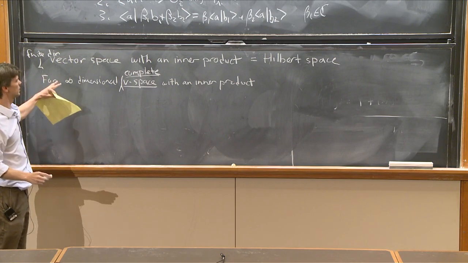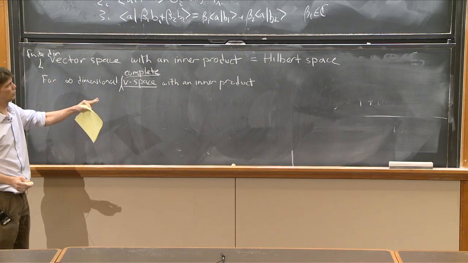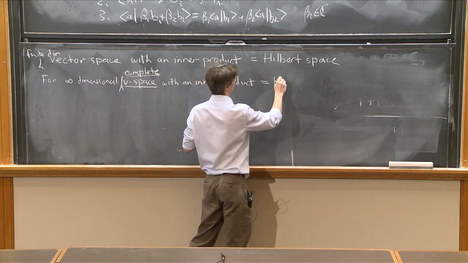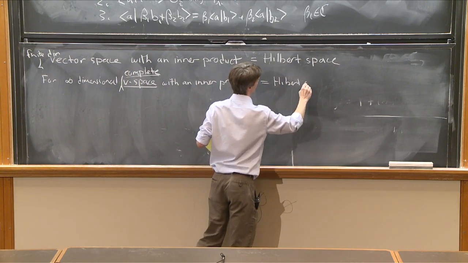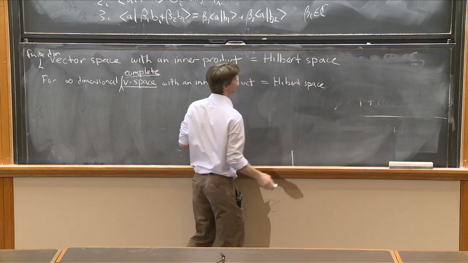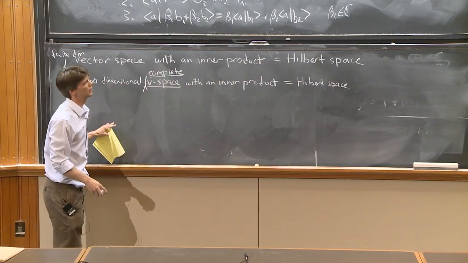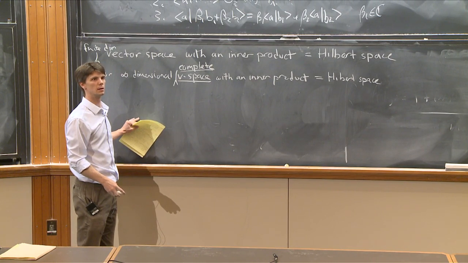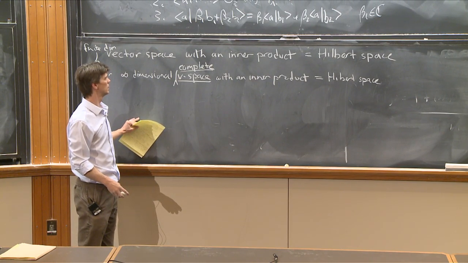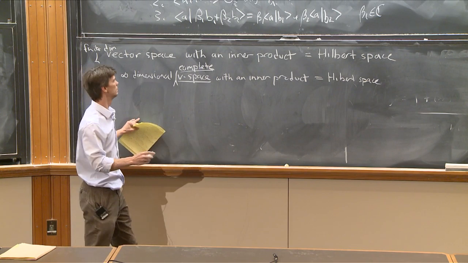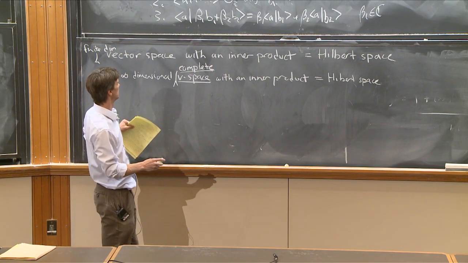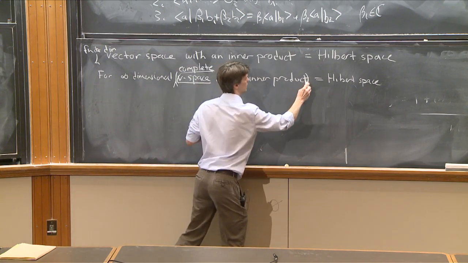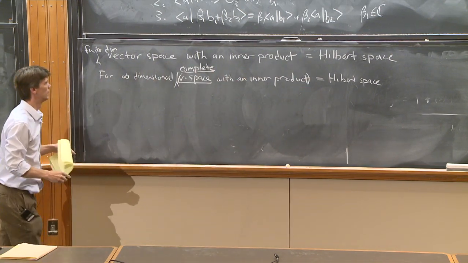But if we have an infinite dimensional vector space that is complete, or we make it complete, and we have an inner product, we also get a Hilbert space. And all of our quantum mechanical states live in a Hilbert space. Well, the completeness has to be defined with respect to the inner product. So you can't say that the vector space is complete without it. Yes, that's true.